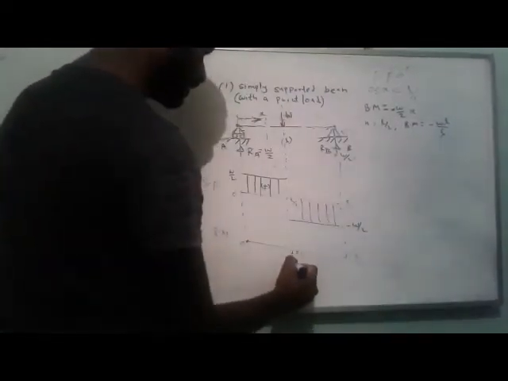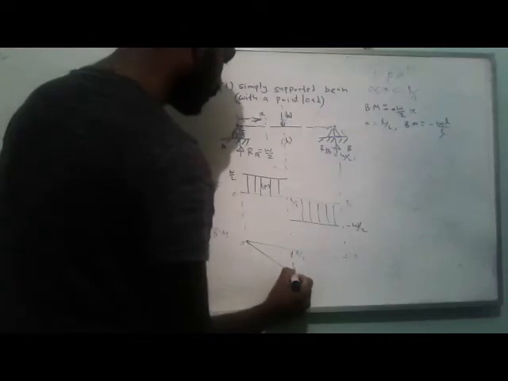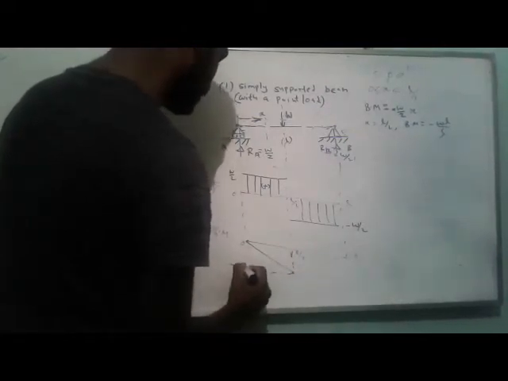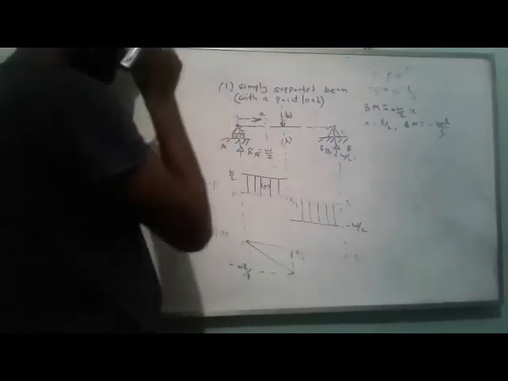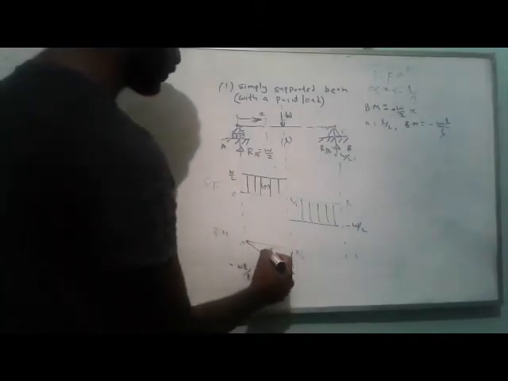We substitute x is equal to L over 2 and get bending moment equal to minus WL over 4. In here at L over 2, minus WL over 4. It is a negative bending moment.